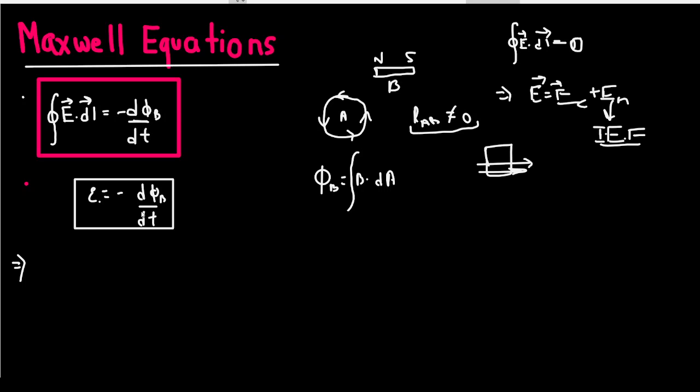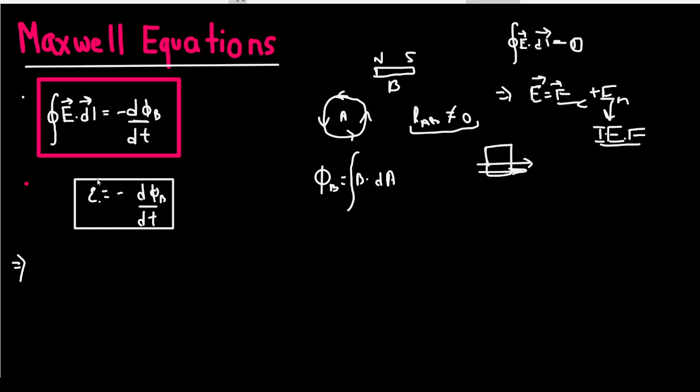Okay, so now what we can write is the non-electrostatic part. You know that this E is known as the induced EMF. Are you thinking that the induced EMF is generally responsible for the flow of currents?